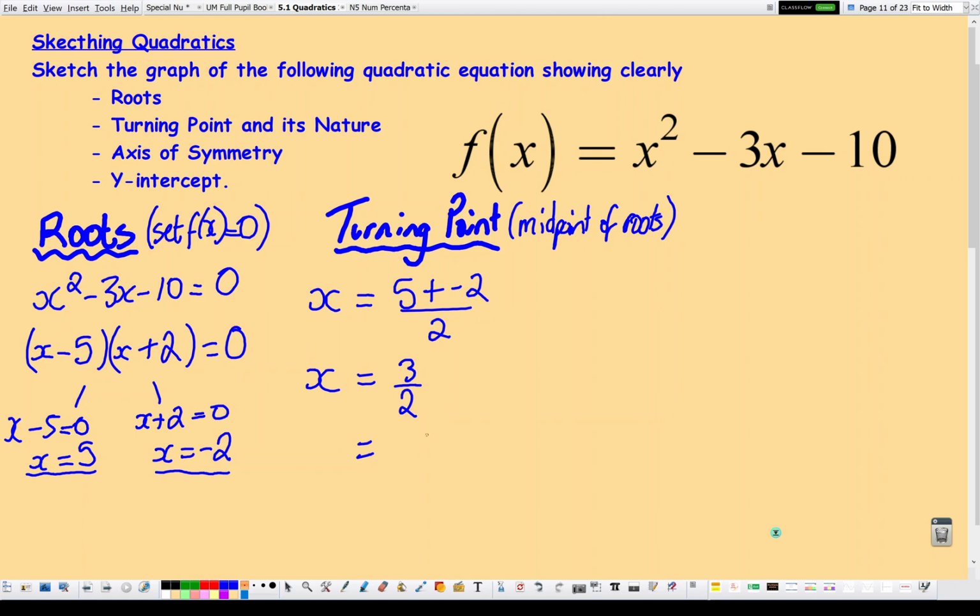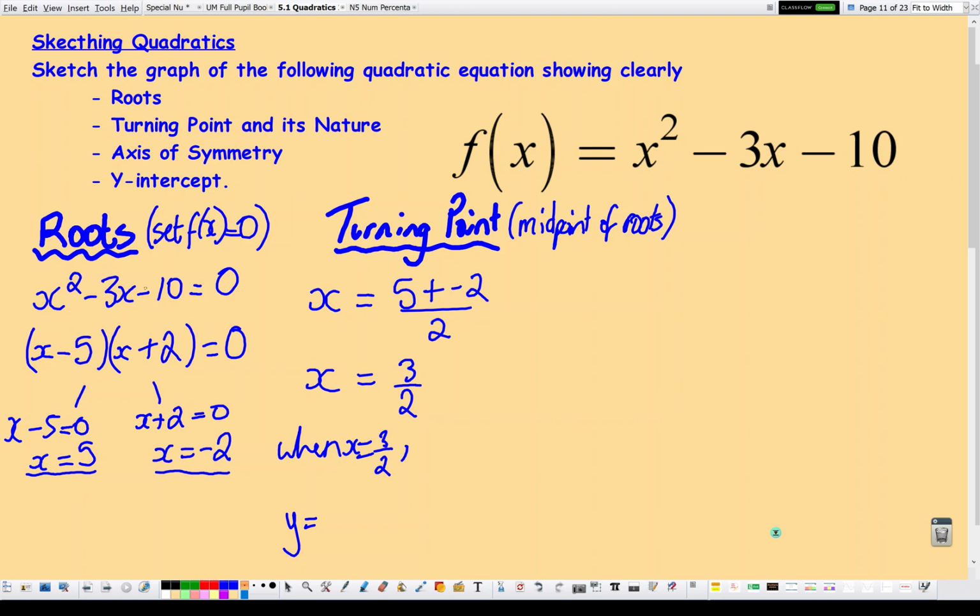So now we need to work out, this is going to be slightly difficult to do, what the y value is when x equals 3 over 2. Usually it wouldn't be a fraction, but in this case it is. What we have to do is substitute this value of x into our quadratic to figure out the value of y, or the value of f of x.